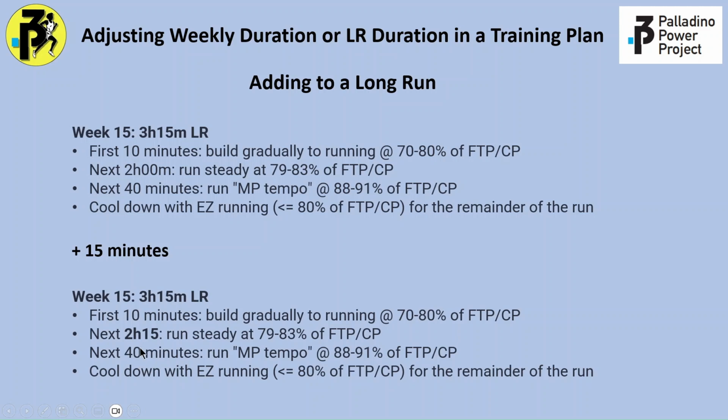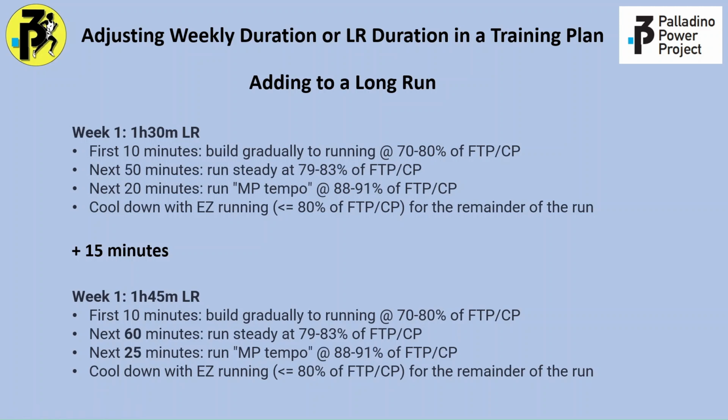But let's say, I want to have more marathon power tempo duration in my long runs. Then that's fine if you feel you can tolerate it. So if we're adding 15 minutes, in that case, we're going to add 10 minutes to the steady portion and 5 minutes to the MP tempo. We're not going to add it to the front end, that 10-minute warm-up. We don't need more than that.